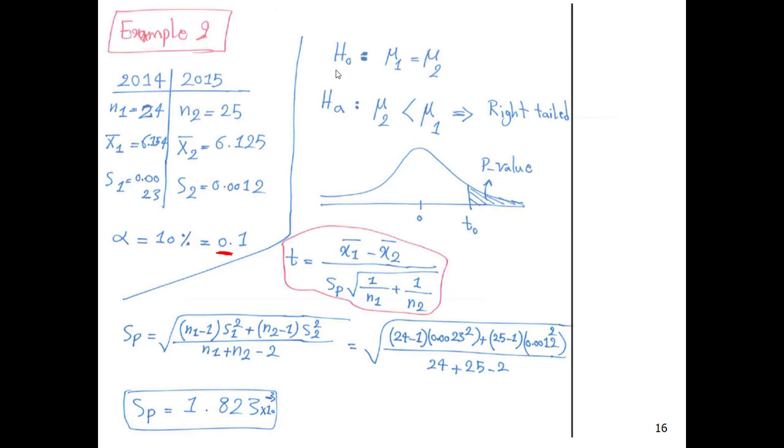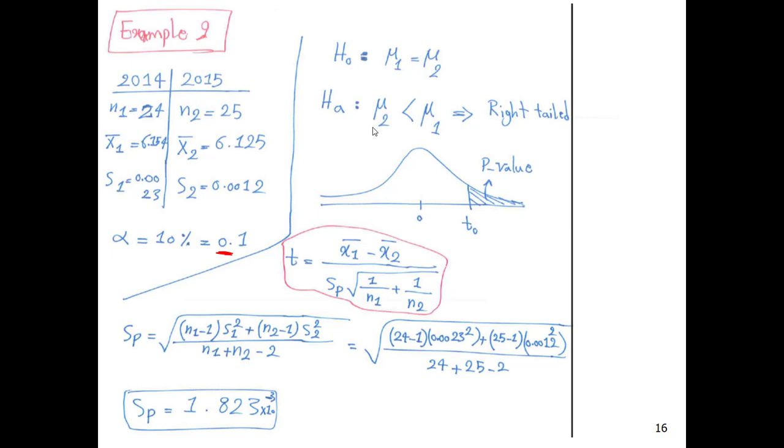The null hypothesis here is that the previous mean and the new mean are the same. Let's say the engineer who is working in that plant is saying that the two means, last year and this year, are the same. That's a population mean.